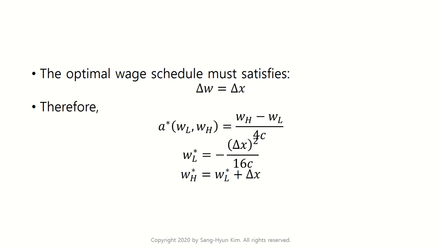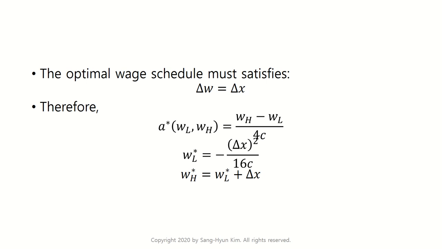WH will increase for a while and then later will decrease. And what happens to A star? If delta x increases, A star will also increase. So the optimal effort level will increase. Okay, so that's what we see when delta x increases.